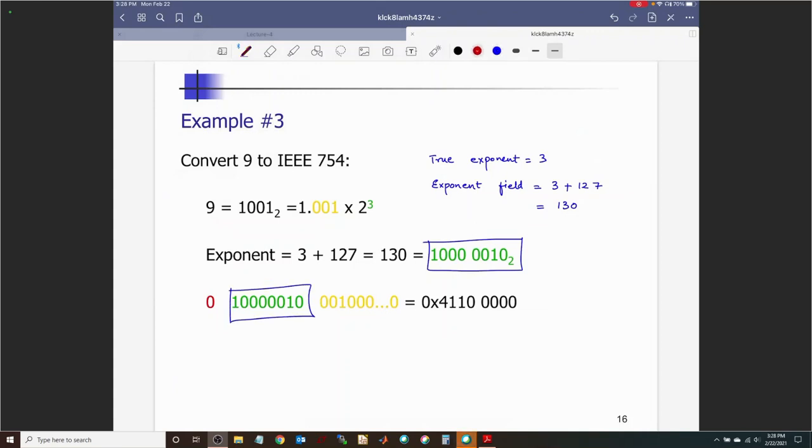The last thing is the fraction, 23 bits. In this case, I only need 001 at the front, followed by 20 zeros. And if you want to convert that into hex so that you can write it in a very compact manner, you can do that as well. Group in 4 bits, and then you have 4110, a bunch of zeros.